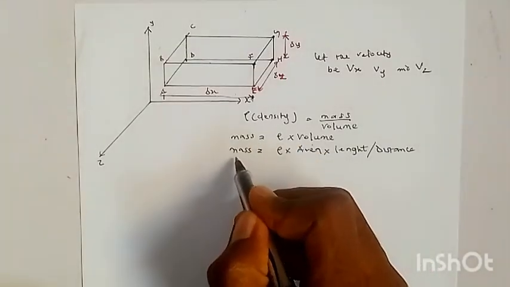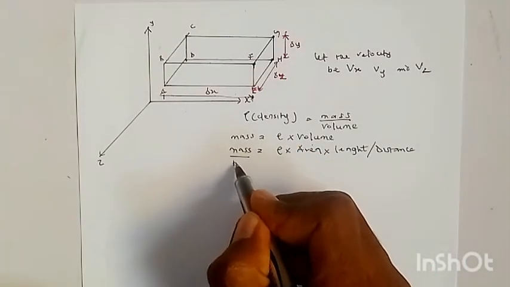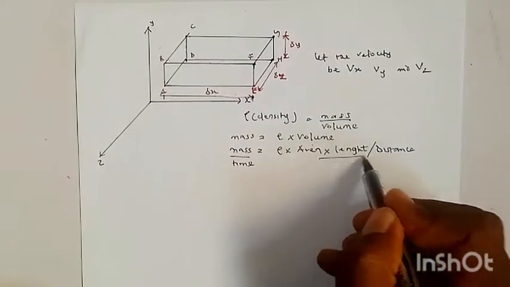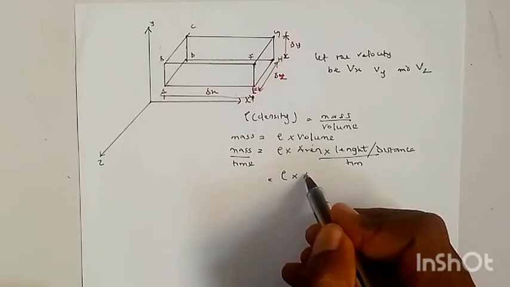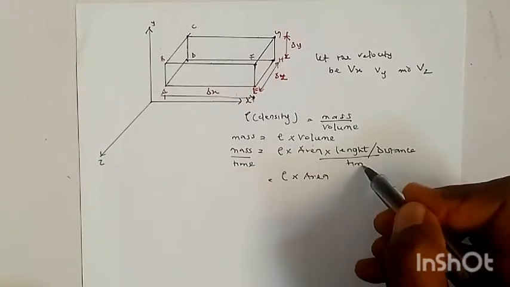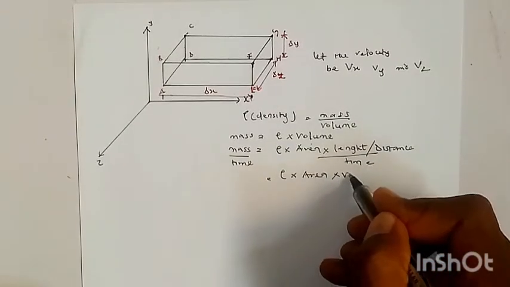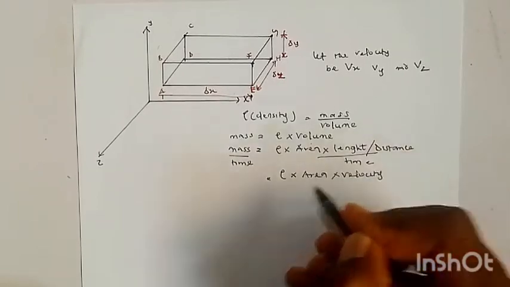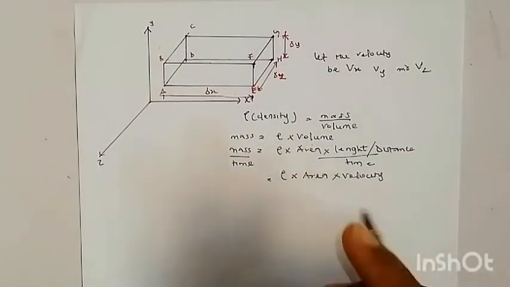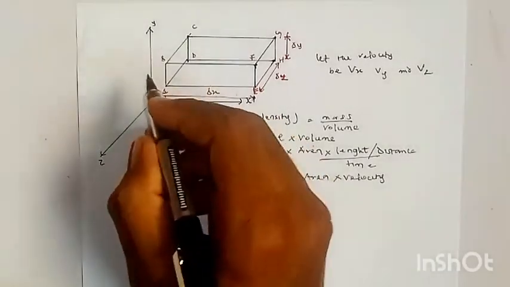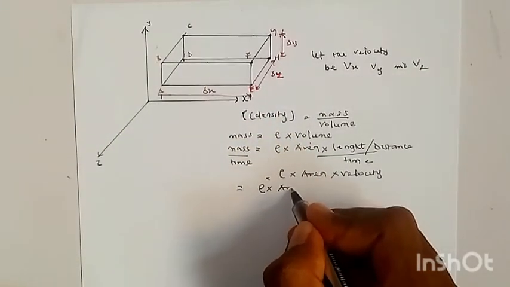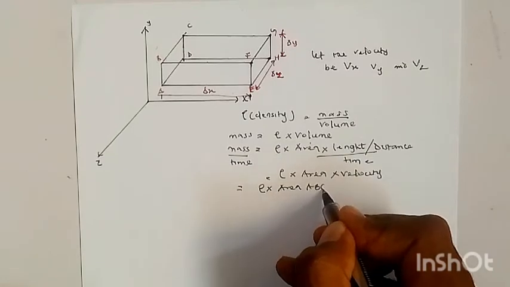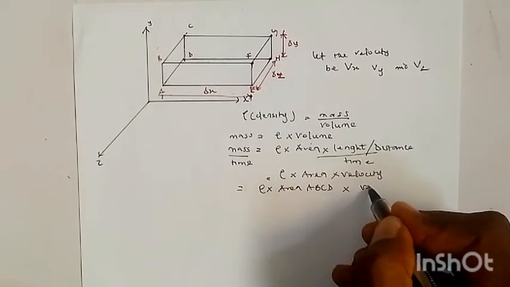So the rate of mass, since it's mass per unit time, dividing both sides by time, I can eventually say density times area times distance over time gives me my velocity. So this is the formula I'll be working with. So I can basically say my rate of mass flow through this face will be equal to the density times the area of face A, B, C, D times the velocity.